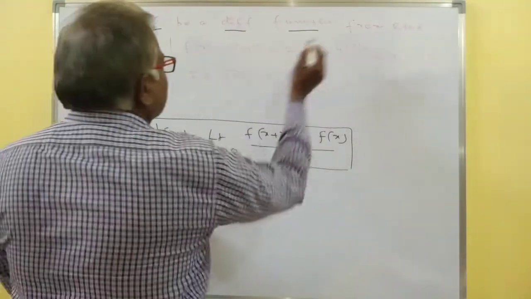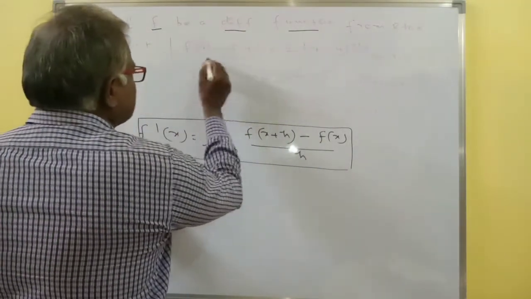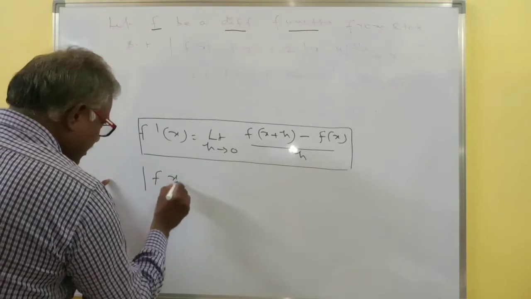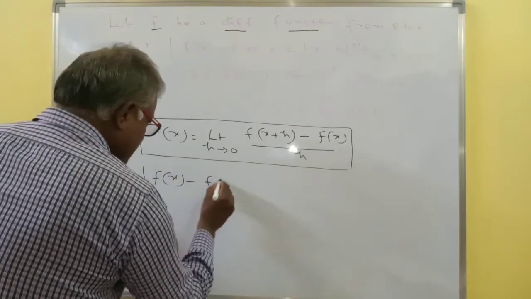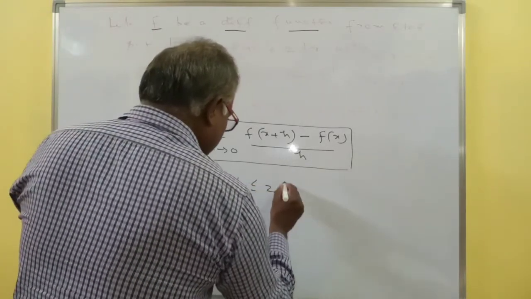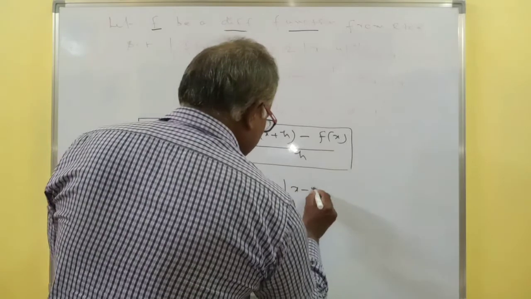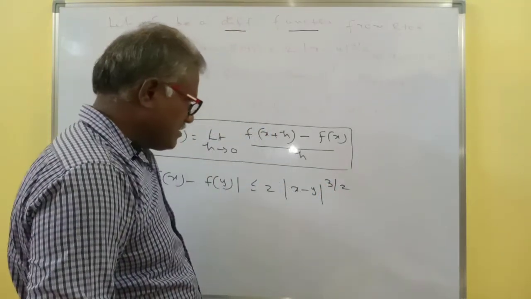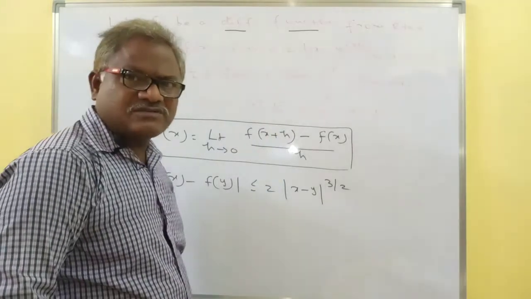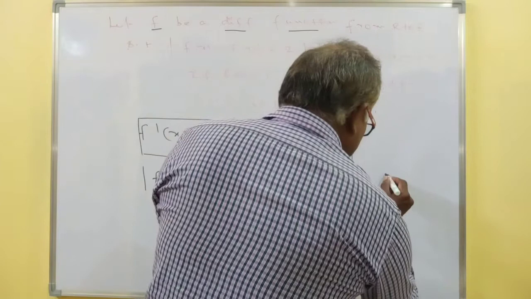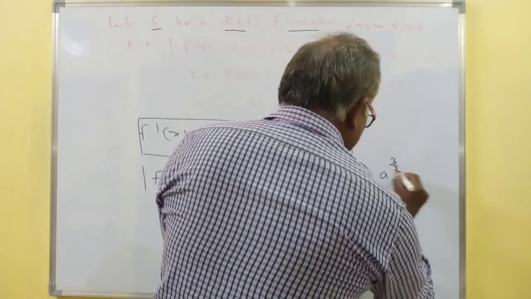Now, after that, what is given here? This is the given one: mod of f of x minus f of y is less than or equal to 2 into modulus x minus y whole power 3 by 2, for all x, y belongs to R. You see, whole power 3 by 2. Suppose a power 3 by 2 is there.